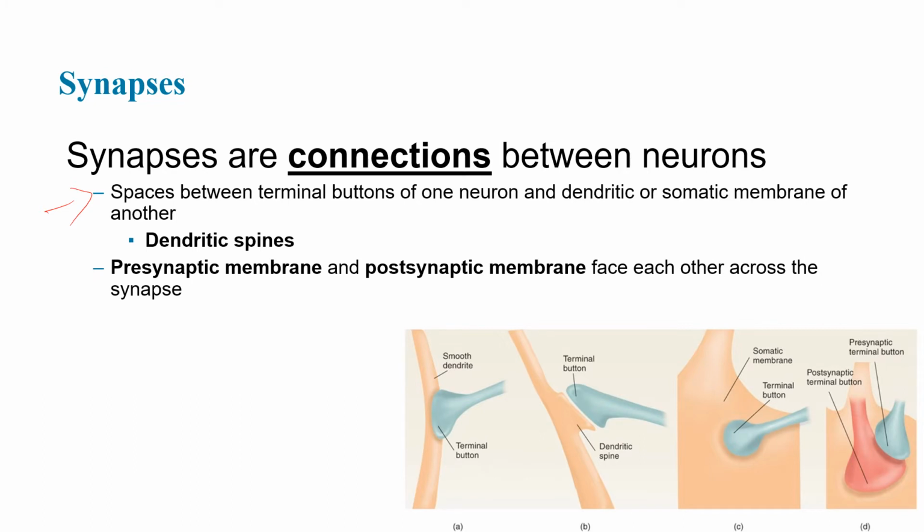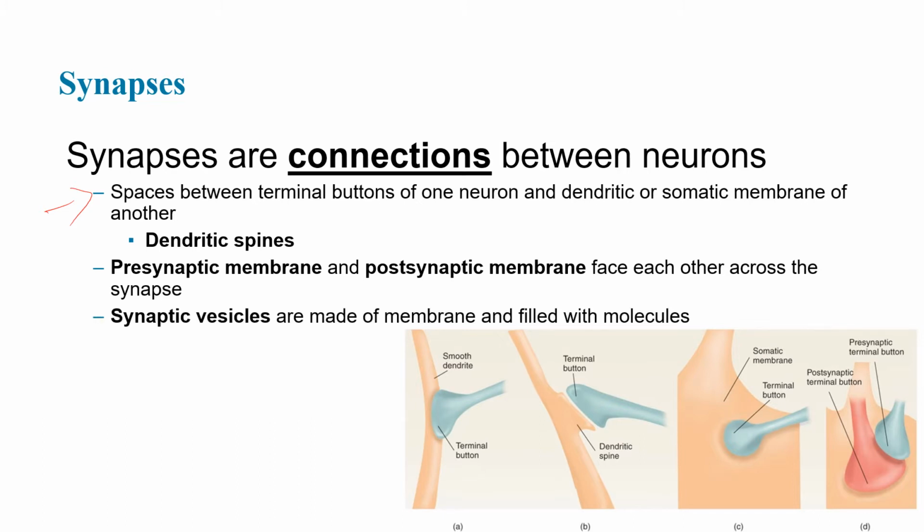The presynaptic membrane is what is coming off from basically the terminal buttons of the presynaptic neuron. The postsynaptic membrane is the neuron that's receiving, or the neuron that is after the synaptic gap. They face each other across the synaptic gap.